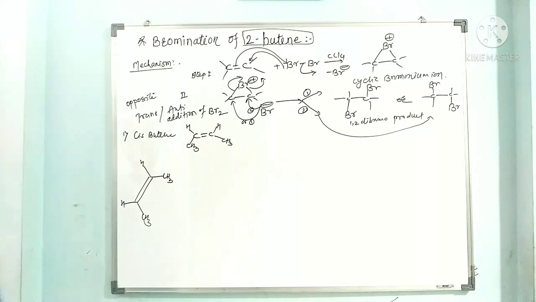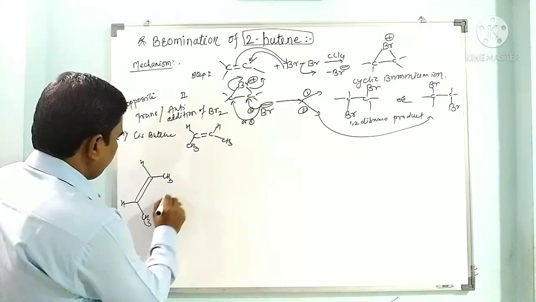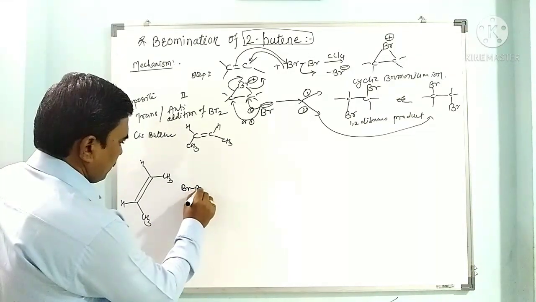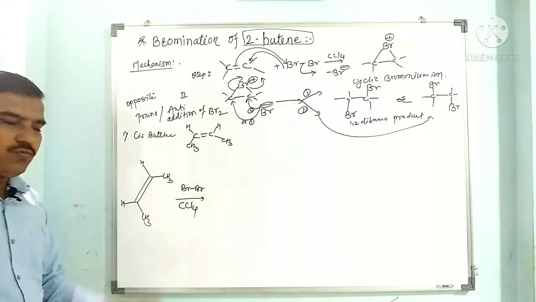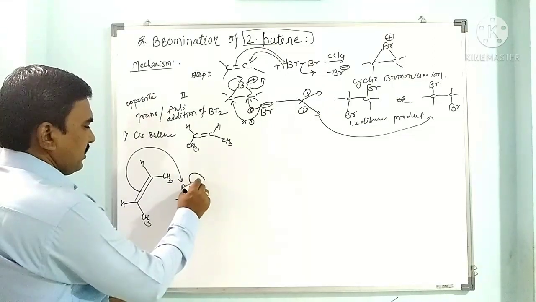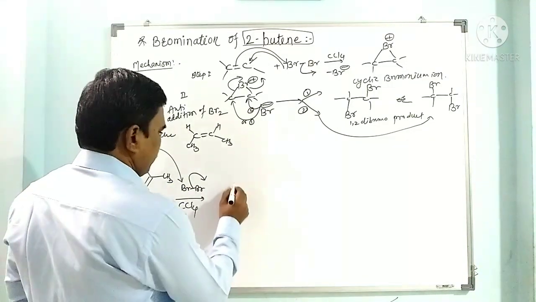Okay. Now when it reacts with bromine, in carbon tetrachloride or in water, this pi electron density attacks on this bromine and this bromide is detached, and we get a cyclic bromonium ion.